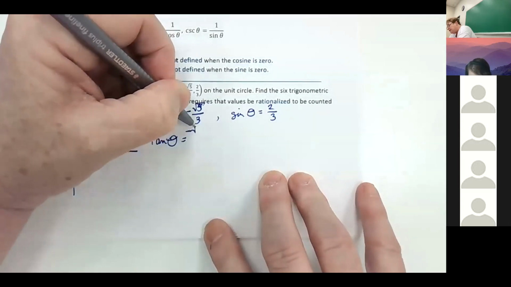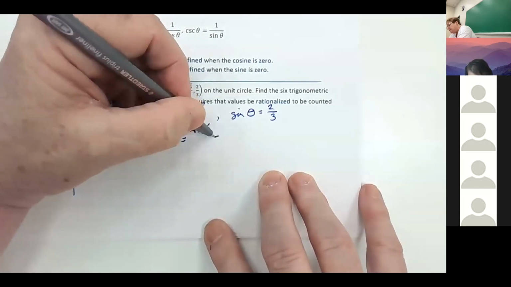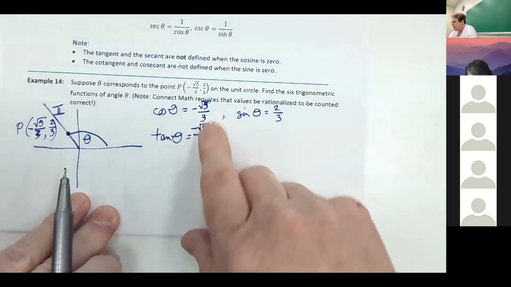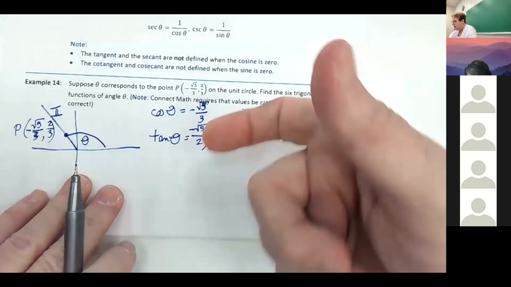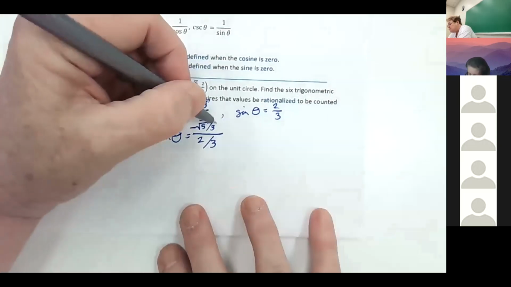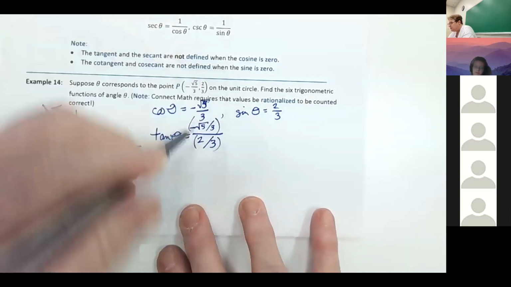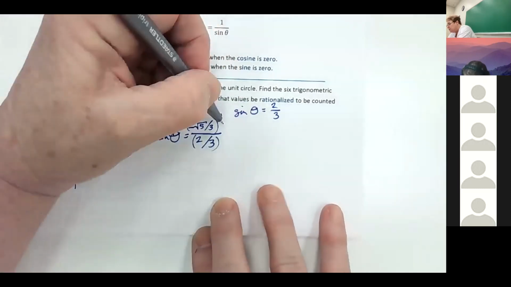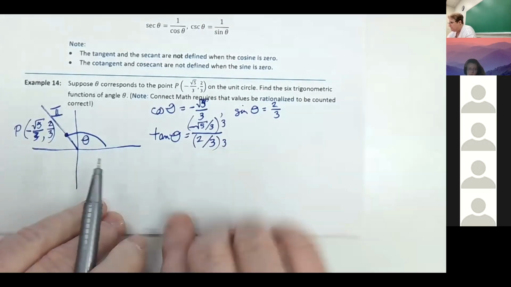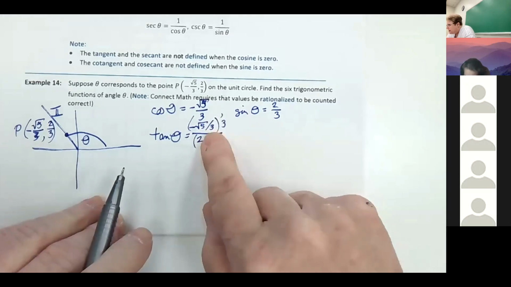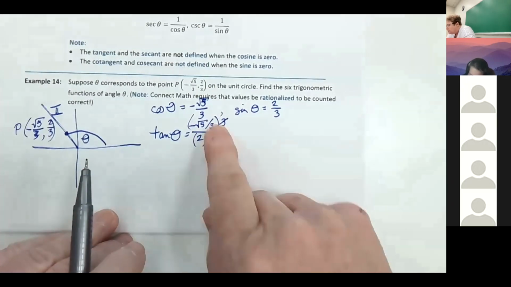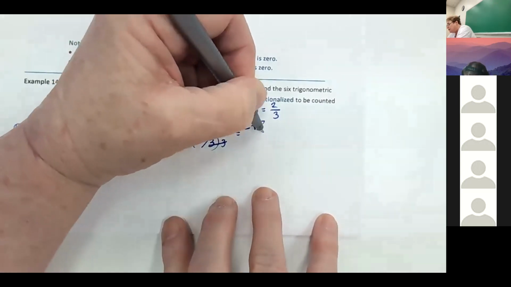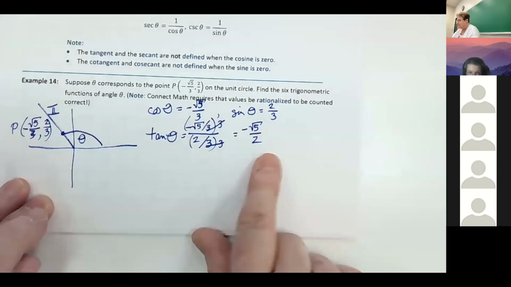So we've got negative square root of 5 over 3 divided by 2 over 3. Anytime you have a complex fraction, a fraction inside of a fraction, the easiest way to simplify it is to multiply numerator and denominator by the inside denominator. So I'm going to multiply numerator and denominator by 3. So 3 divided by 3, they cancel. 3 divided by 3, they cancel. And now we have negative square root of 5 over 2. That'll be the tangent.